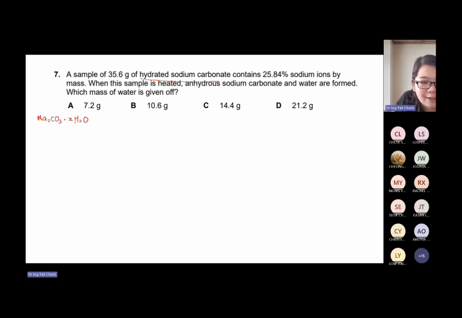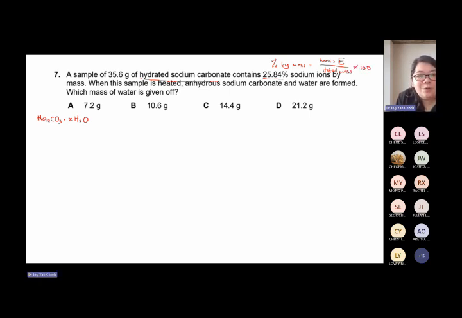So we write the same thing, xH2O. This sample contains 25.84% of sodium ion by mass. What does percentage by mass mean? It means the mass of that element divided by the total mass times 100.